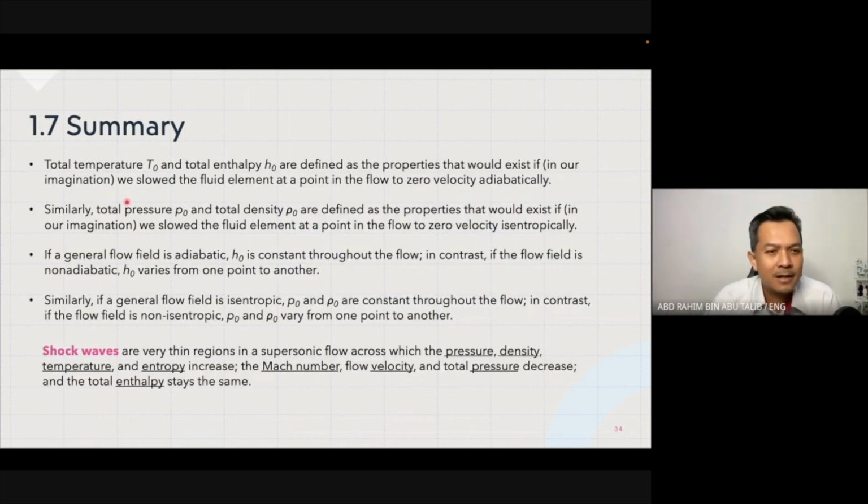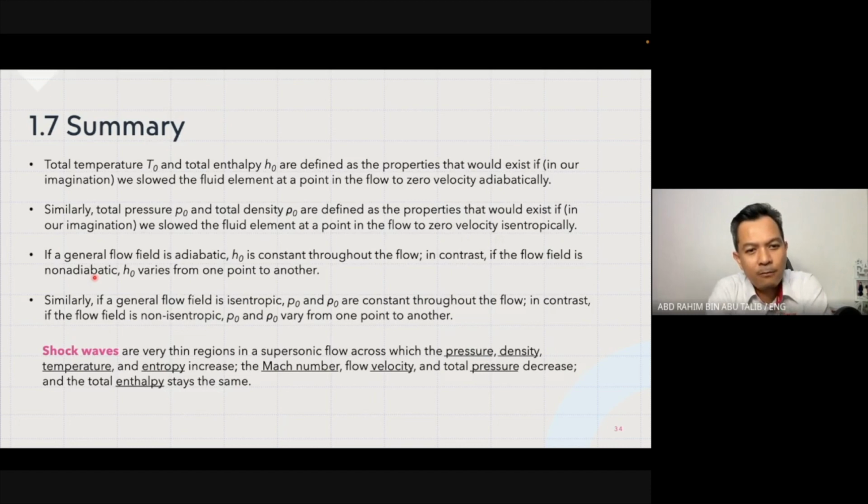The total temperature, T naught, and total enthalpy, H naught, are defined as the properties that would exist if in our imagination we slow the fluid element at a point in the flow to zero velocity adiabatically. Similarly, total pressure P naught and total density rho naught are defined as the properties that would exist if we slow the fluid element to zero velocity isentropically.